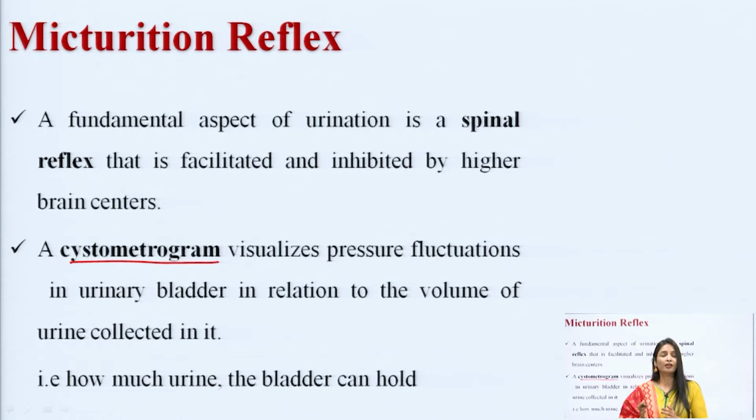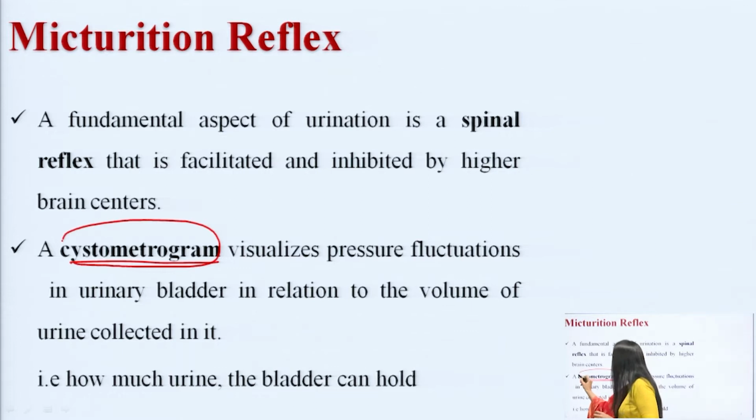You can see the pressure fluctuation inside the bladder, that is, how much urine the bladder can hold. By plotting the graph you can understand how much urine the bladder can carry. Simply put, how much urine the bladder can hold can be determined by the cystometrogram, which is nothing but a graph.